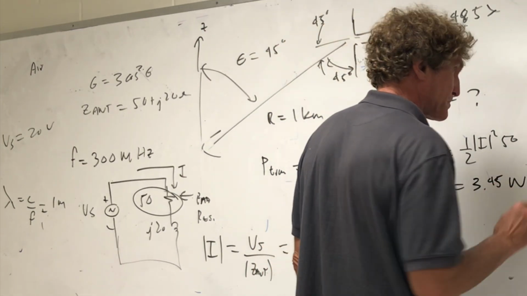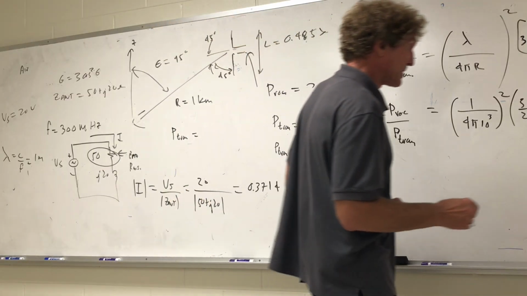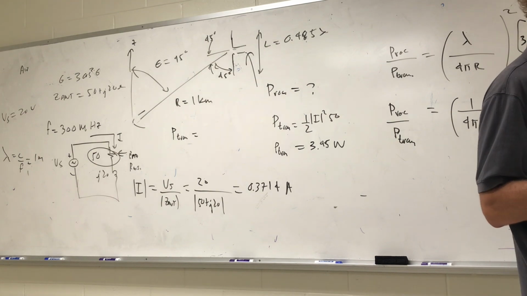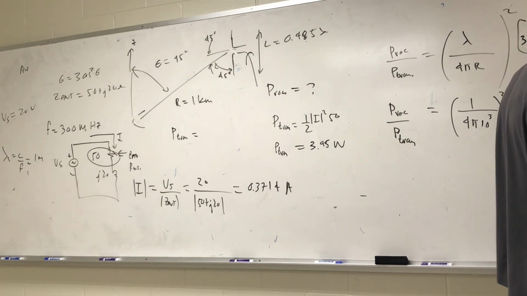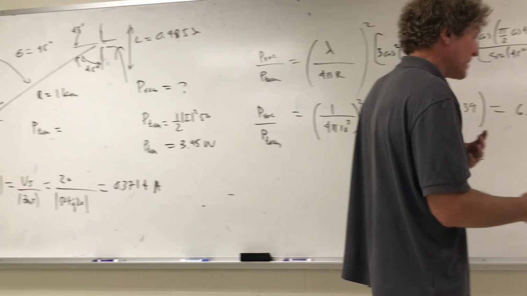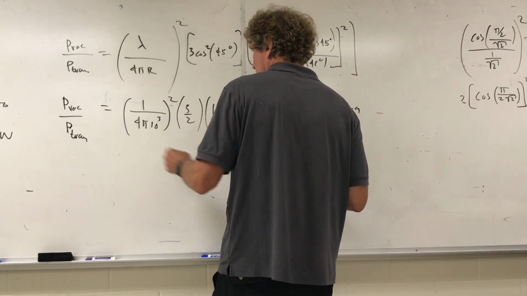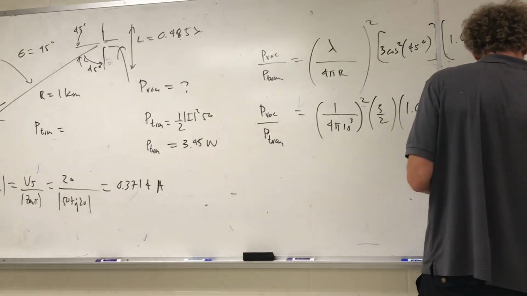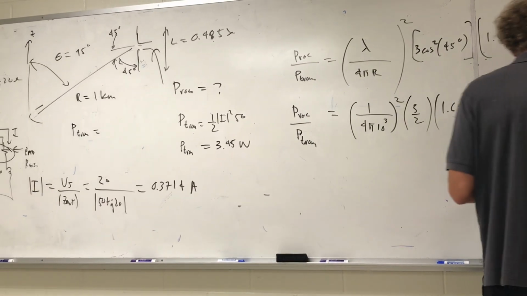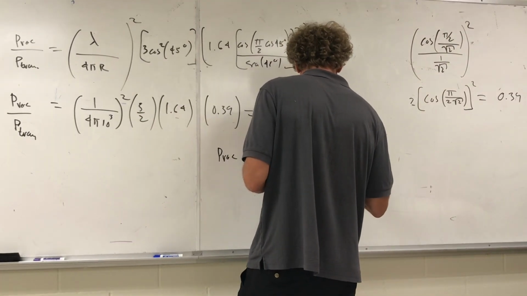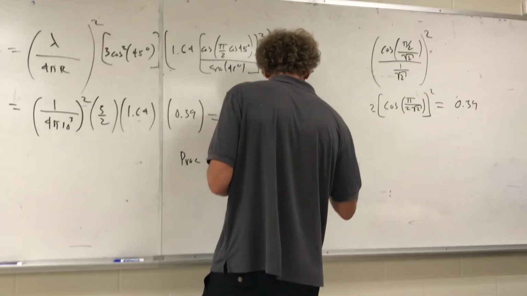3.45 watts. To get P received, the only thing I need to do, and this is the total power received, not the power that you can extract. Remember, the best we can do is get half of this to a load. That's going to be equal to simply that power, which is 3.45 watts, times this factor, which is 6.14 times 10 to the minus 9, and that would be in watts.